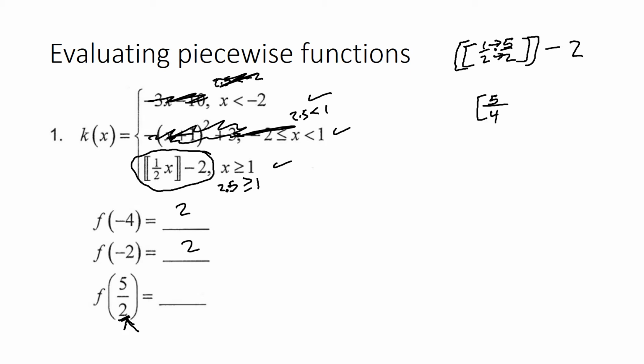We still need to take the floor of that. So remember, 5/4 is basically about 1.25. So the floor function goes down to the next value. So if we're at 1.25 and we go down to the lowest value, it'll be 1.